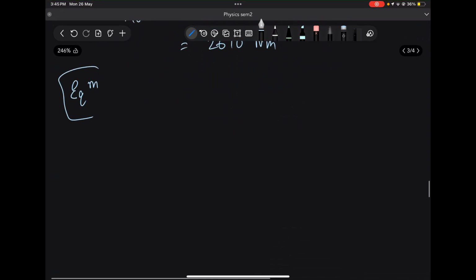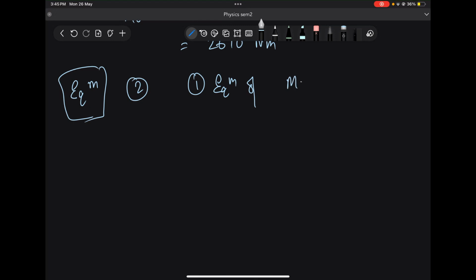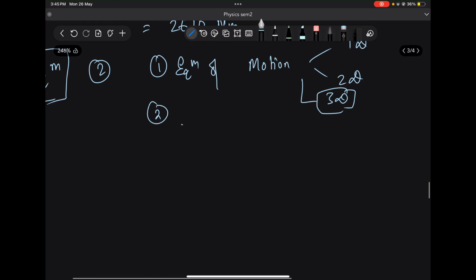Now, equilibrium can be thought of in two ways. The first is equilibrium of motion, and that can either be in 1 dimension or 2 dimensions. It can also be in 3 dimensions, but I am yet to see any questions from that. And the second is equilibrium of rotation.